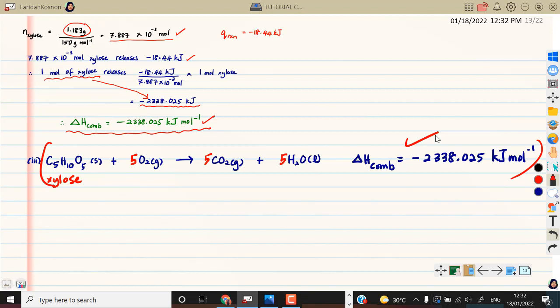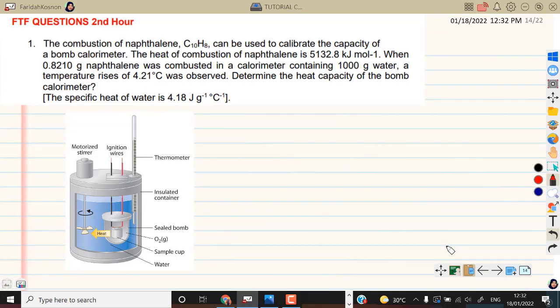Okay, so continue with face-to-face question for second hour. Alright, so this is a question. The combustion of naphthalene can be used to calibrate the capacity of a bomb calorimeter. The heat of combustion of naphthalene is 5132.8 kilojoule per mole.